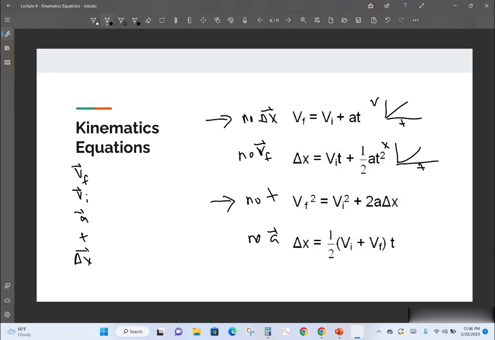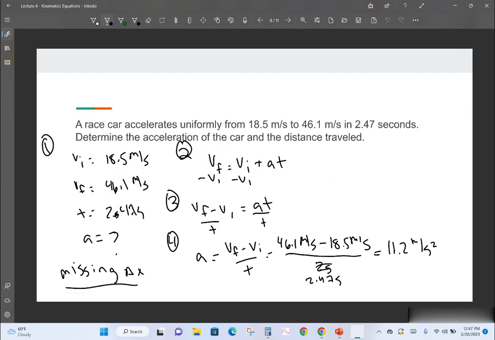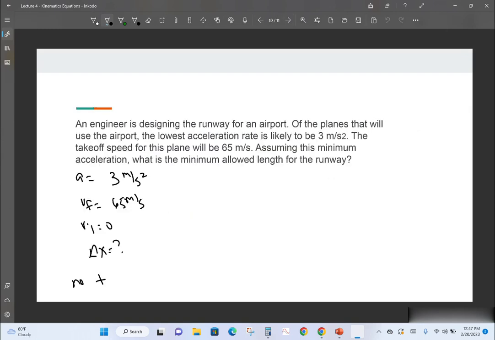Vf squared equals Vi squared plus 2ax. And we're looking for delta x. So I'm going to get delta x by itself. First, I'm going to subtract off Vi squared from both sides.